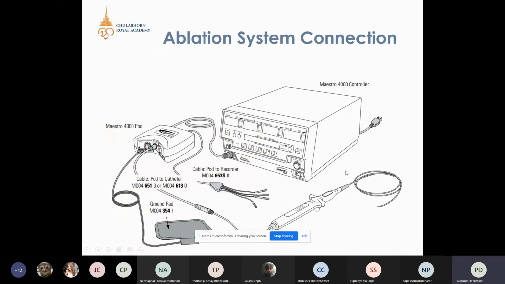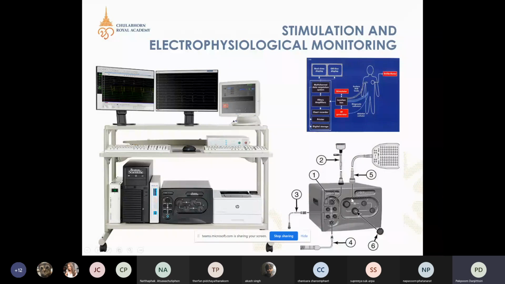So if you want to get the signal to show on the screen, you are going to have to make a circuit, a connection between the ablation system, which is quite standalone over here, and this amplifier.